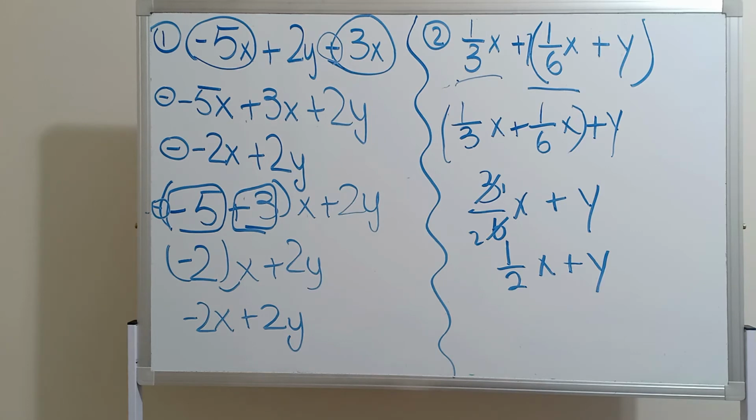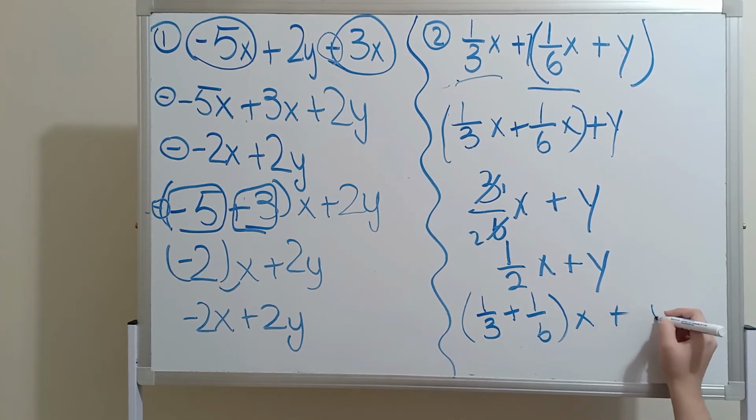Or as we did here, we brought in the numbers that were right next to the variables. So we can do the same here. So we can do 1/3 plus 1/6 times x, this is the distributive property, plus y.